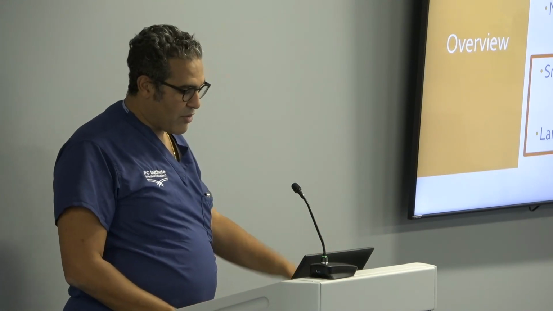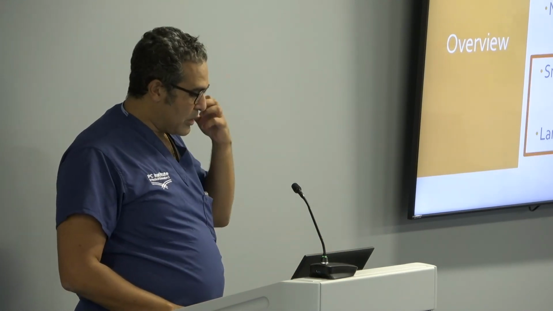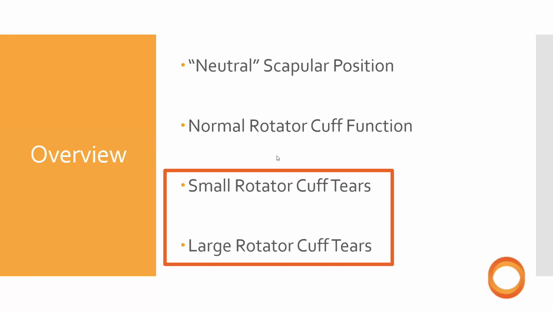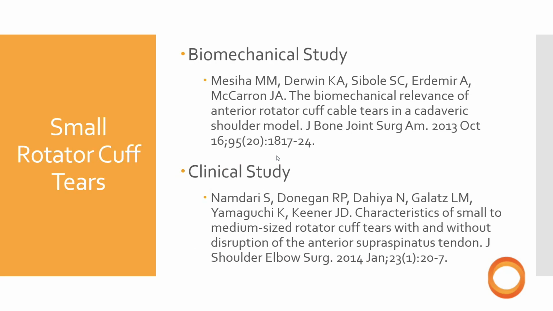So we've covered the first half with the scapular position and the normal rotator cuff function. Now let's look at the pathology and what that pathology teaches us. I've got Serena's study here as the clinical study, and our study that was a remarkably interdisciplinary study in Cleveland.